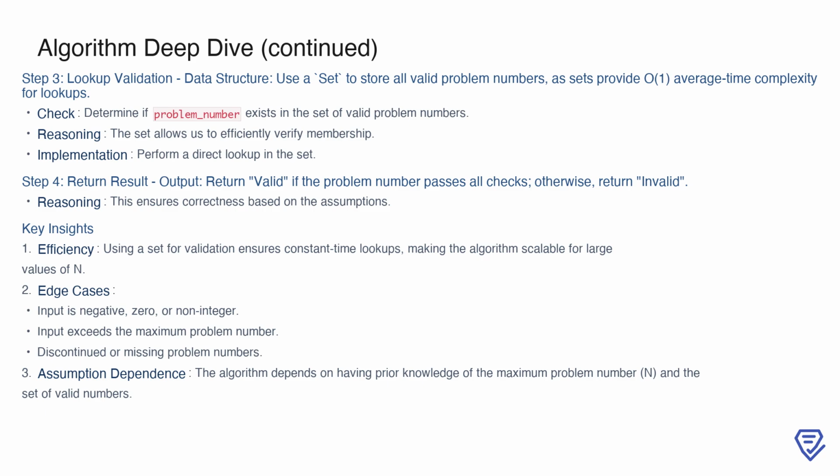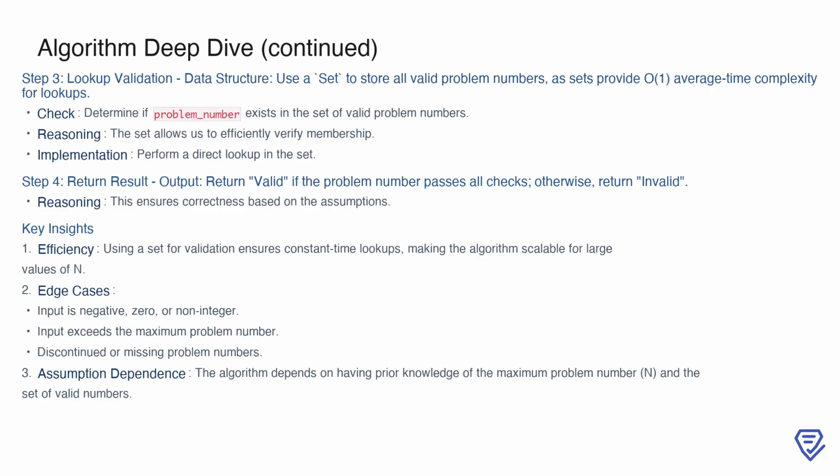In this step, the algorithm determines whether the problem_number exists within the set of valid problem numbers. If it does, the number is considered valid, otherwise, it is invalid. Finally, the algorithm consolidates all these checks into the return result. If the problem number satisfies all criteria, it returns valid, otherwise, it returns invalid.